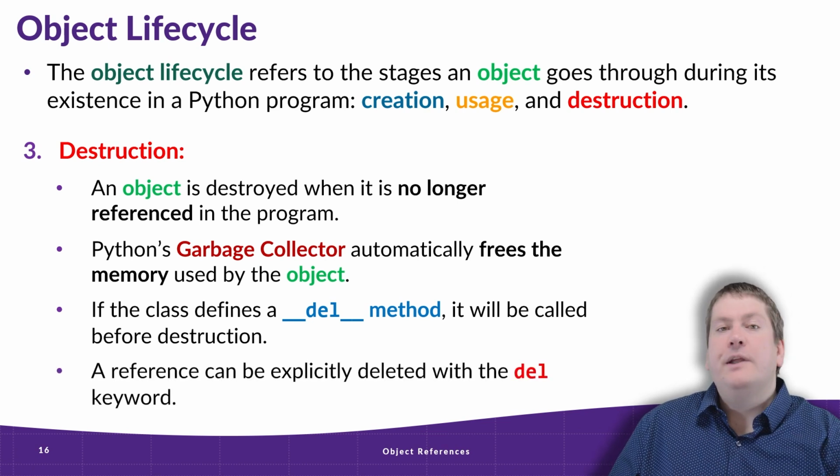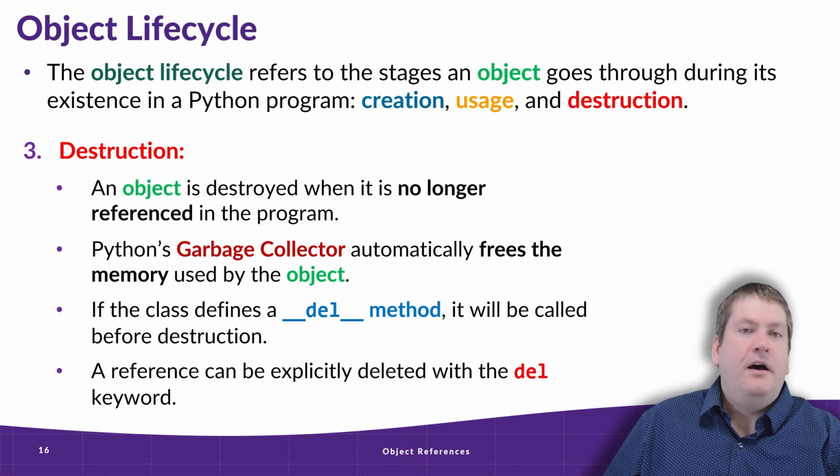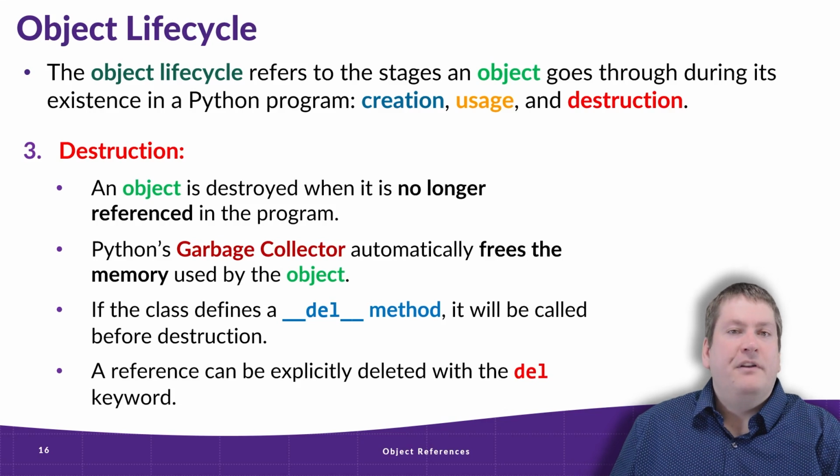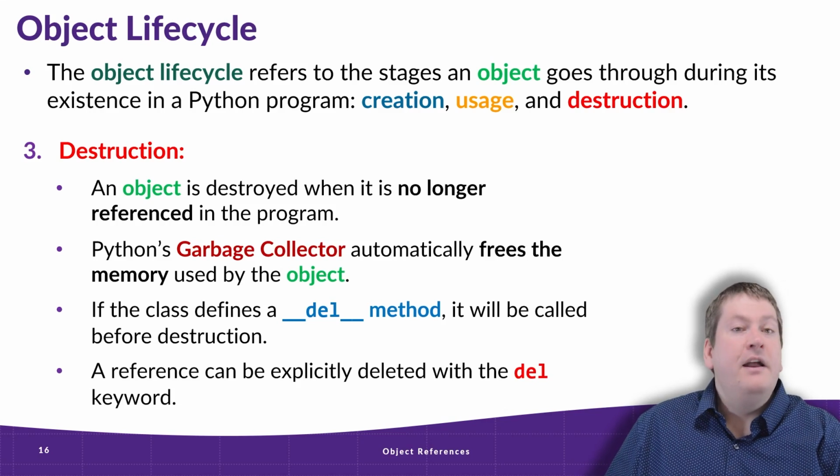Now, there's a few ways we can lose references to an object. They can simply go out of scope. For example, if an object was referenced by a local variable in a function, and that function finishes, maybe by calling return, then that reference is going to be lost. So there'll be one less reference to that object. Another way we can explicitly get rid of a reference is with the del or delete keyword.